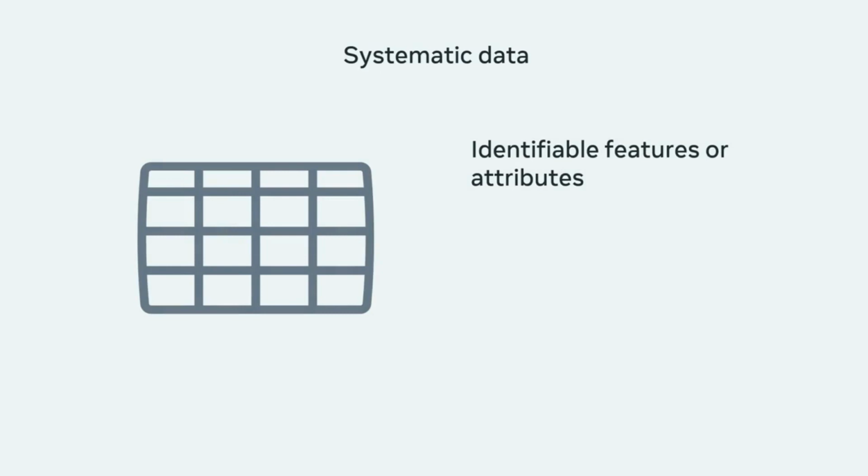At this point, you might be asking yourself, but what does a database actually look like? Well, a database looks like data organized systematically, and this organization typically looks like a spreadsheet or a table. What exactly does the term systematic mean? All data contains elements or features and attributes by which they can be identified.